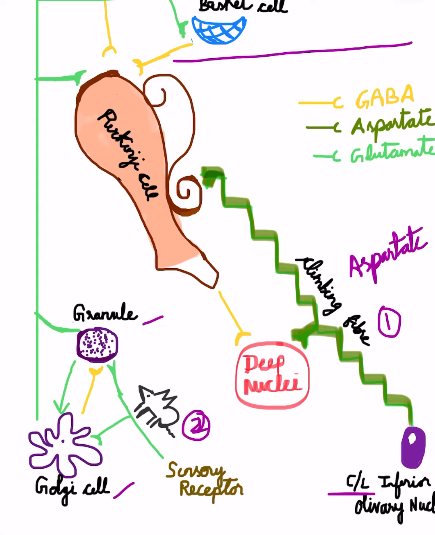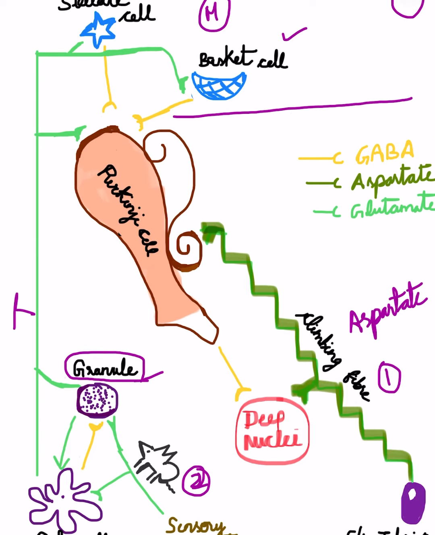Once the granule cell is excited, it sends impulses to the Golgi cell, in its same layer, and it also sends a large T-shaped fiber to the upper layers, that is the middle layer and the molecular layer. This fiber is called the parallel fiber.